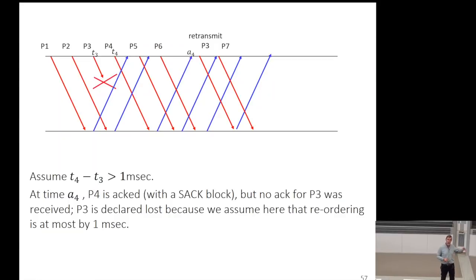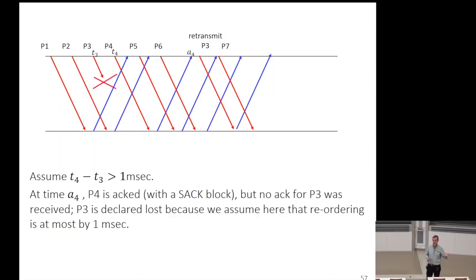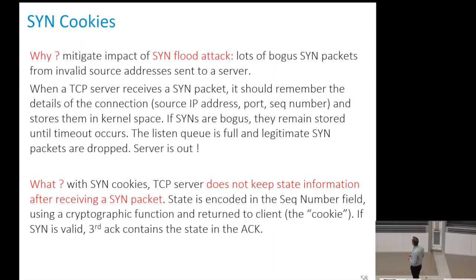Since packet P3 was sent much before packet P4, it must have been lost, because it's not acknowledged now, and the only alternative would be that it will come later. But if we believe in our estimate of the reordering window, we think that will not occur. So that is a more aggressive fast retransmit alternative. It's implemented in Android and other systems developed by Google.